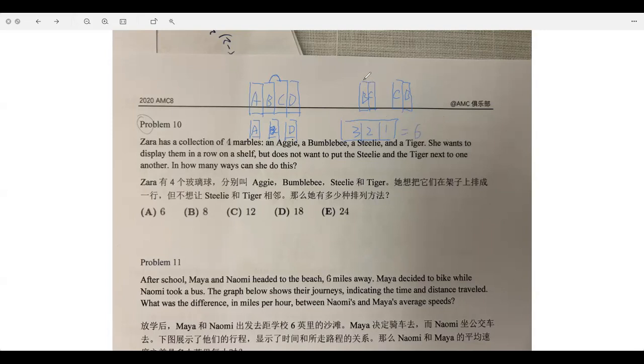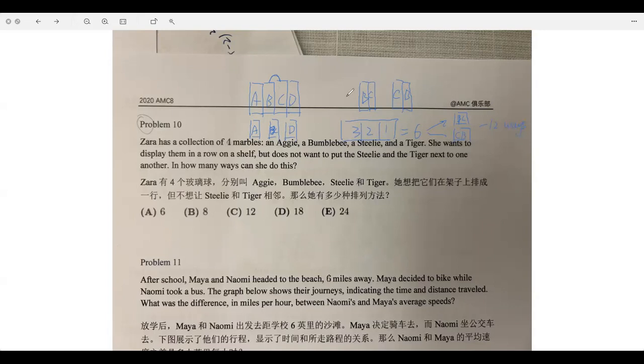But you can see I can put BC or CB, right? So this is for BC, and the other 6 is for CB. So totally I have 12 ways, right?